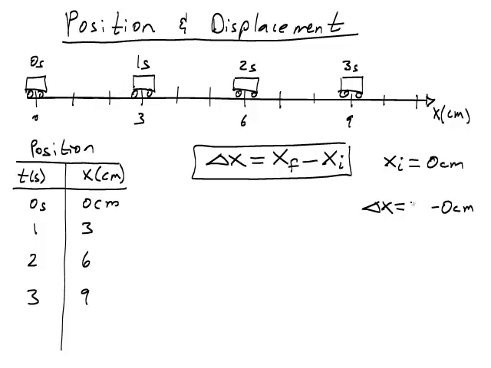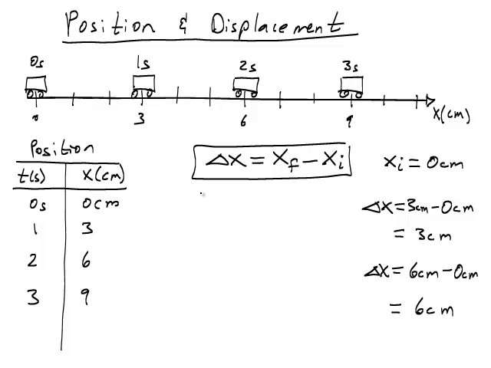I ended up at 3 centimeters, giving me a displacement of 3 centimeters. How far was I displaced at 2 seconds? At 2 seconds I ended up at 6 centimeters. I initially started at 0 centimeters, so my displacement is 6 centimeters.